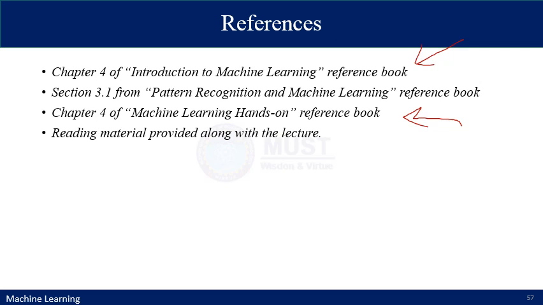On top of that, the reading material provided along with this lecture is quite beneficial to understand the basic modular approach of selecting the model, optimizing the model using a cost or a loss function, and then employing regularization to meet the generalization objectives.